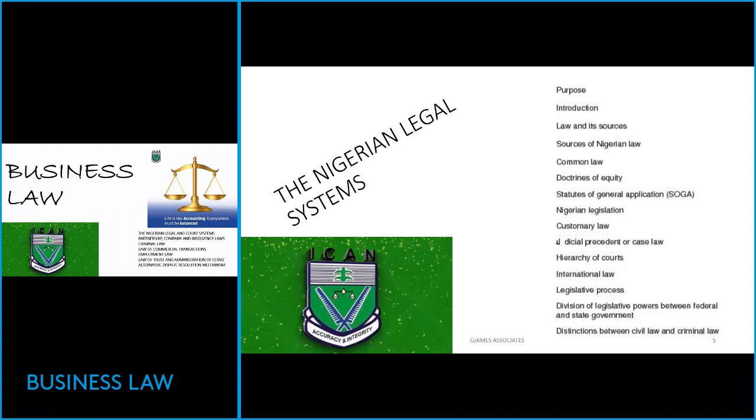Doctrine of equity, statute of general application, Nigerian legislation, customary law, that's traditional law, that's another source of law, judicial precedence or case law, hierarchy of court, that is the system in place now, international law, how to relate to it, international law and infringement, legislative processes, we must have knowledge of it, division of legislative powers between federal and state governments, distinction between the civil and criminal law.